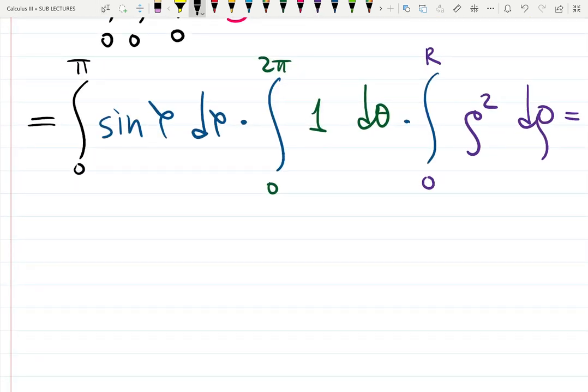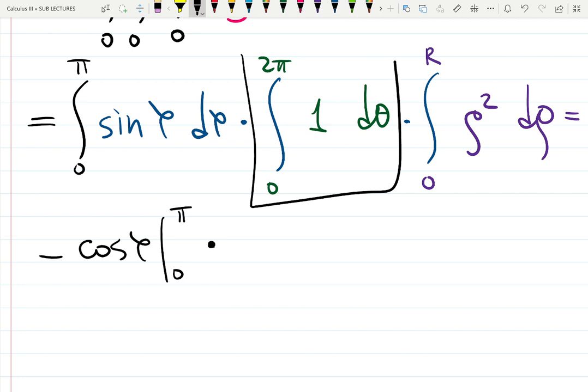And now you integrate each. Sine phi gives you what? Negative. Good job. Negative cosine phi from 0 to pi times 1 d theta gives you 2 pi is the correct answer. Always remember, if it's just 1, the answer will be the length of the interval, 2 pi minus 0.